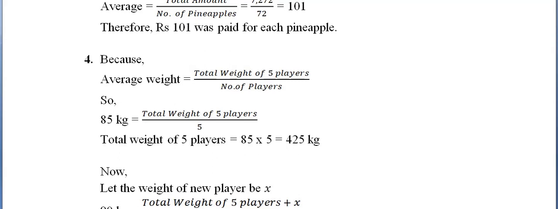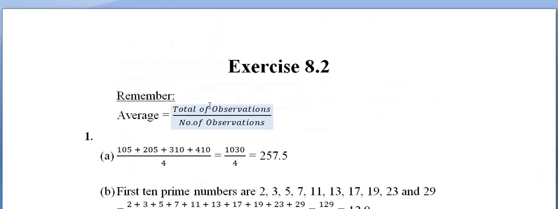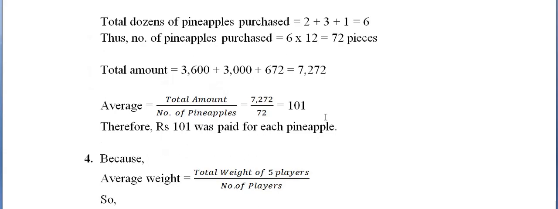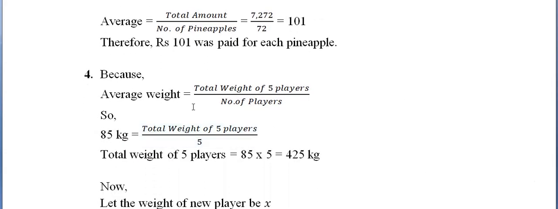So what we will do is start from the given figures. We already know that average weight equals total weight of 5 players divided by number of players.